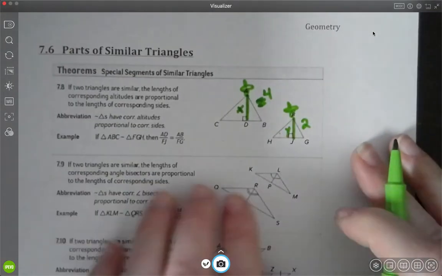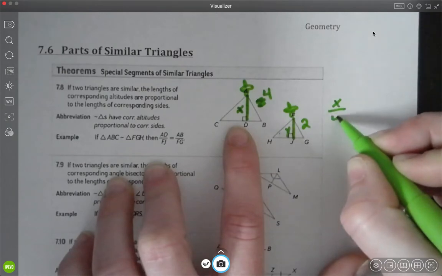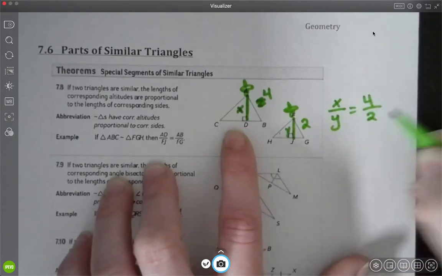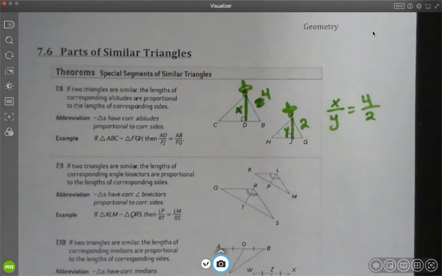I could go X over Y equals 4 over 2, okay? Even though that altitude is kind of an addition to the triangle, I know these triangles are similar, so I can use it to develop a proportion, yeah? And set them equal, and then we cross multiply and do all that stuff, okay?